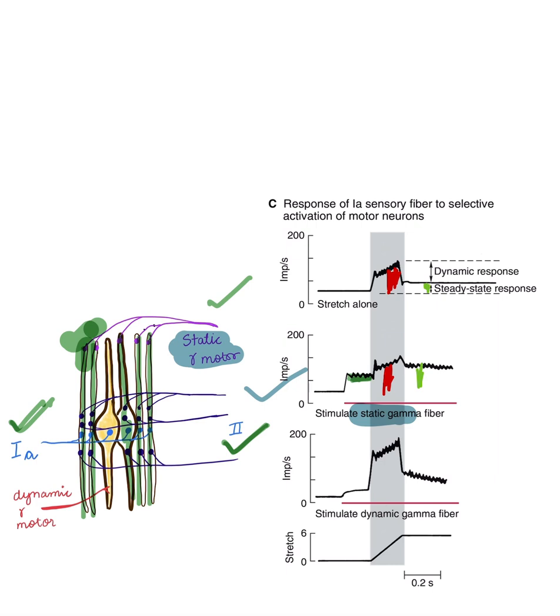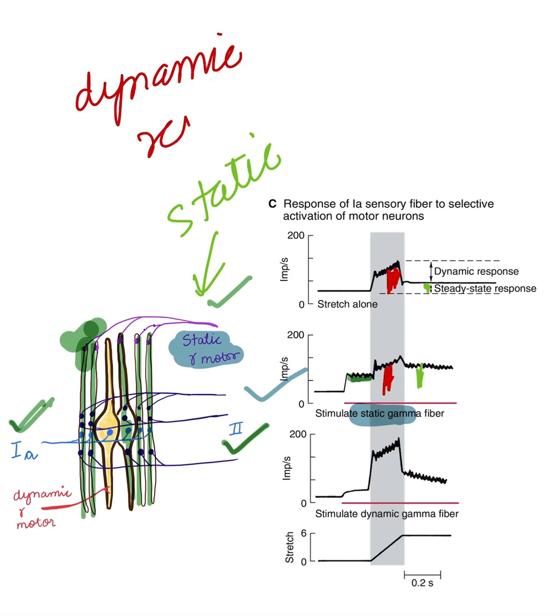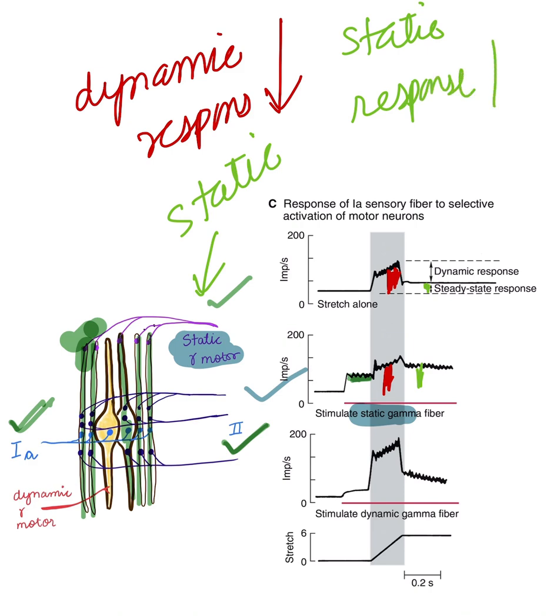So here we can conclude that when we are stimulating the static gamma motor neuron, then the dynamic response will decrease, but static response will increase.